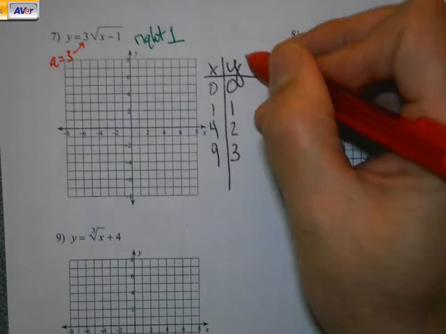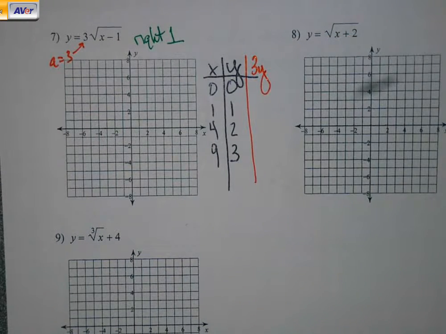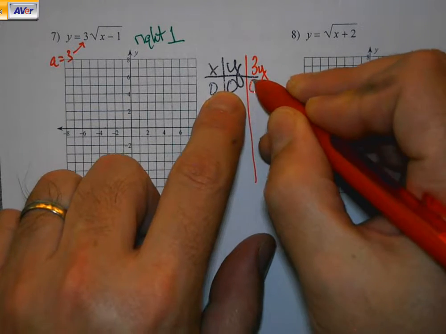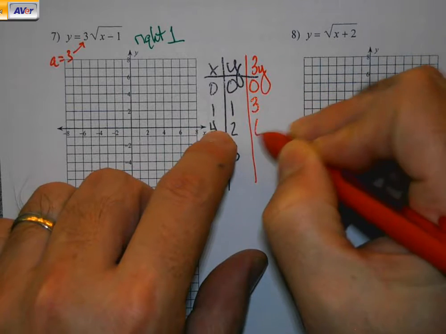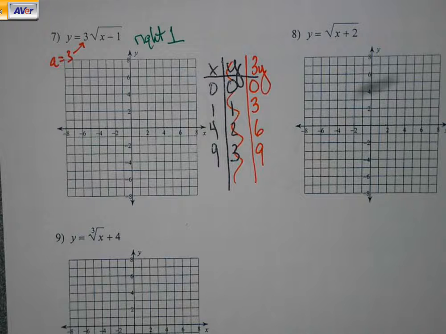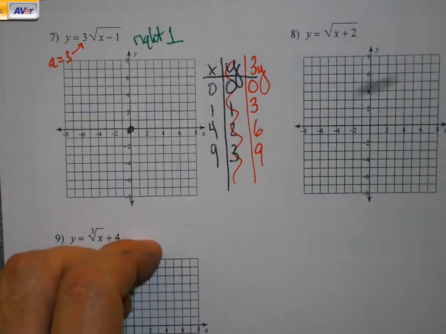That value is going to change the value of my y's. So we're going to take each of our y's we already have, and we're going to multiply them by 3. And those are going to be my new parent points, my new base points.